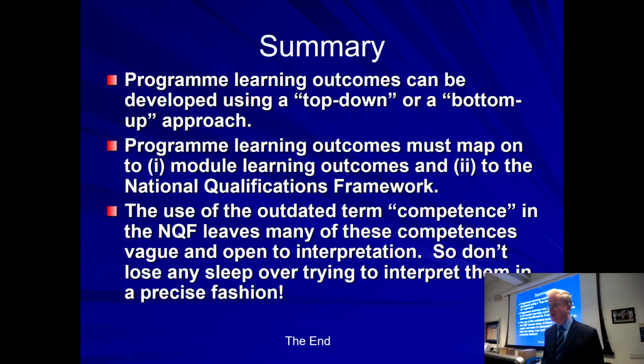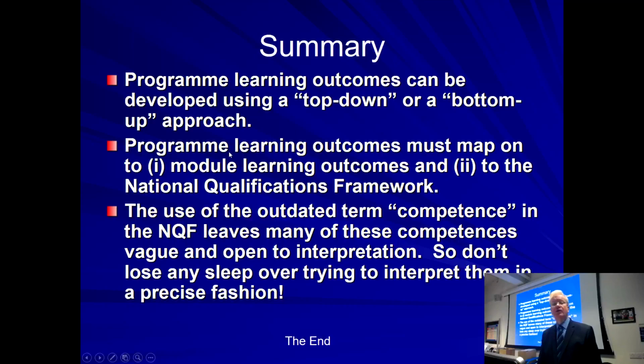So in summary, program learning outcomes can be developed using a top-down approach if you're starting with a blank page, or if you're refreshing program learning outcomes, you have to work from a bottom-up approach where you tidy up some of the module learning outcomes, maybe put in new modules, make changes, and then map them on to the program learning outcomes at the top.